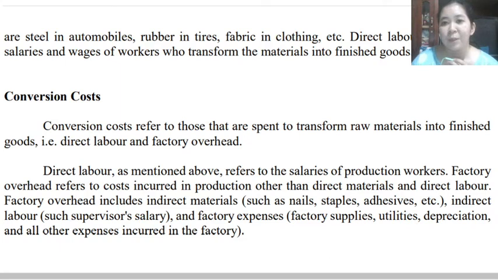In the transformation or production process, the main costs incurred are the application of labor as well as the factory overhead. Direct labor, as mentioned, is the salaries and wages of our production workers, while factory overhead, on the other hand, refers to the costs incurred in production other than direct materials and direct labor, or simply our indirect labor and materials.